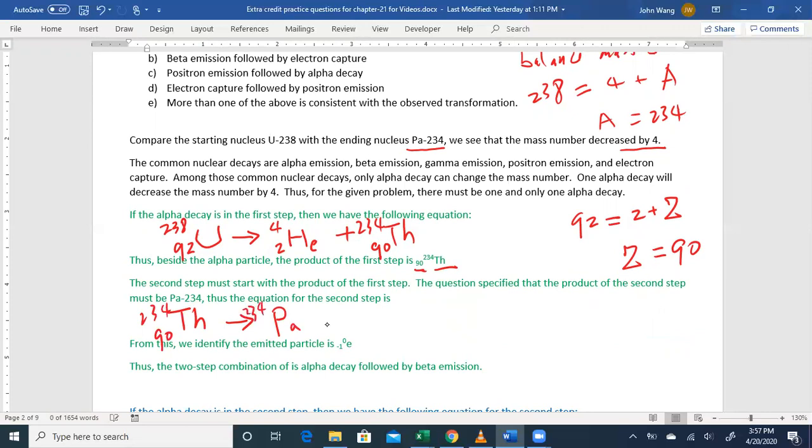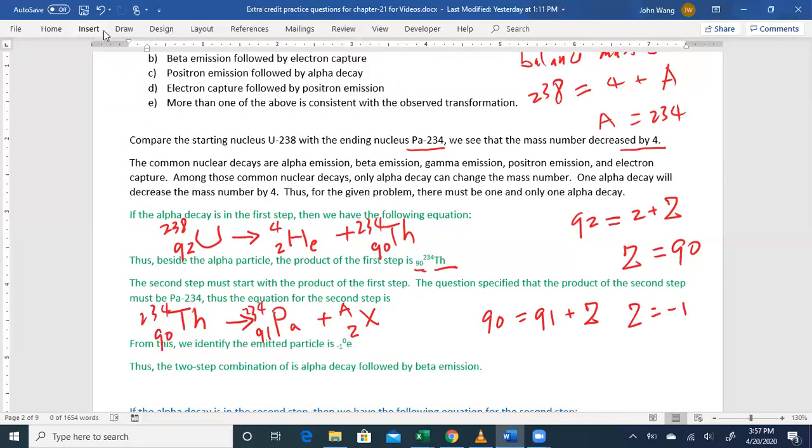Then you go to the periodic table and see the atomic number of protactinium. It turned out to be 91. So now we'll see what our other product will be. It's the same idea. We call that X. Then we balance the atomic number, so we have 90 equals 91 plus Z. Solving this equation, we get Z equals -1.